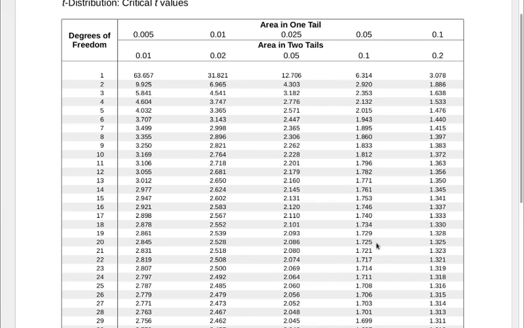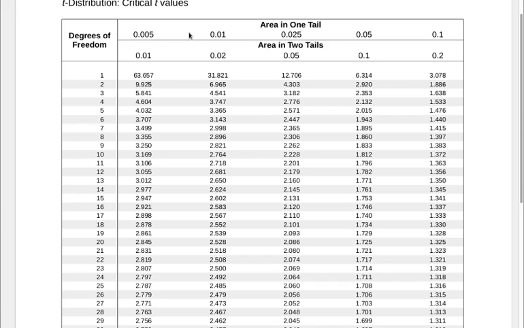Now I'm looking across here. I don't see 1.261. I see 1.325 is the closest, and that means 1.261 would be somewhere over here to the far right. So to find the p-value, I go up from there, and this is a right tail test, so I'm going to look in the area in one tail, and I'm over here to the right of 0.1.